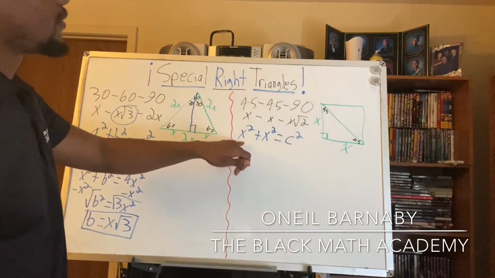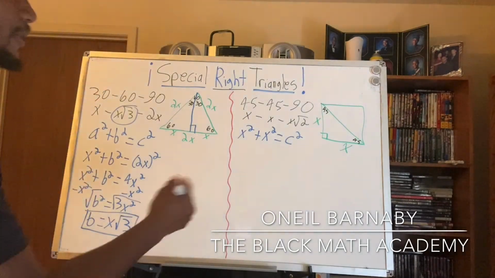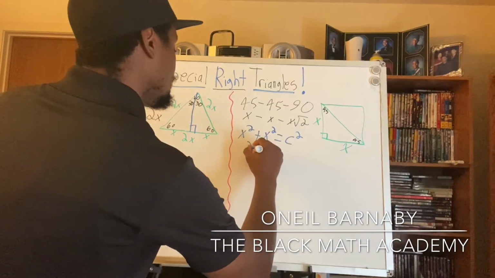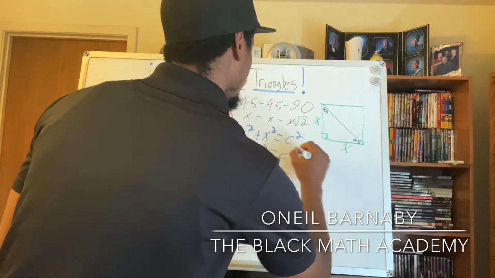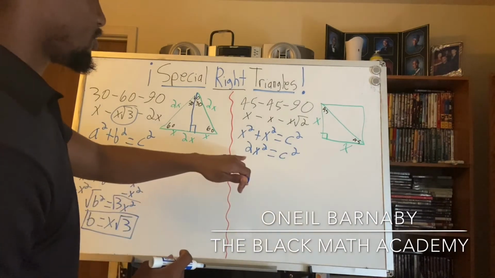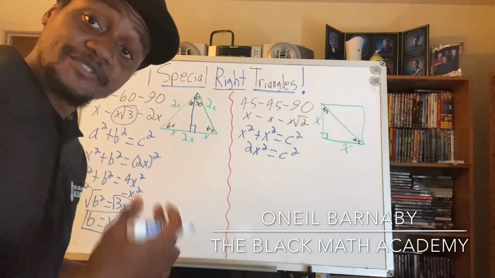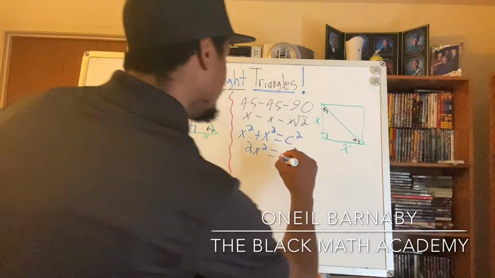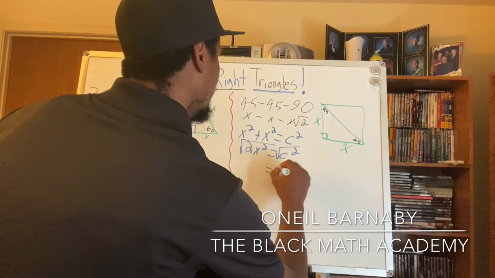All right, so x squared and x squared, we can combine those, so they're both like terms. So x squared plus x squared is 2x squared, and that equals c squared. All right, so to get c by itself, we have to perform the opposite operation of squaring, which is square rooting. Square root both sides. So we get c by itself.